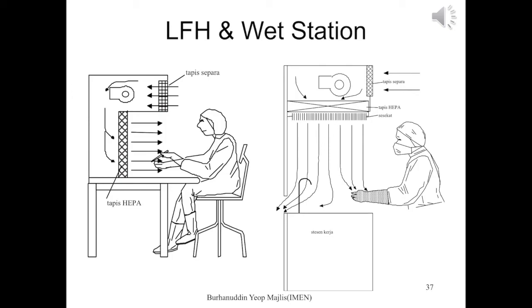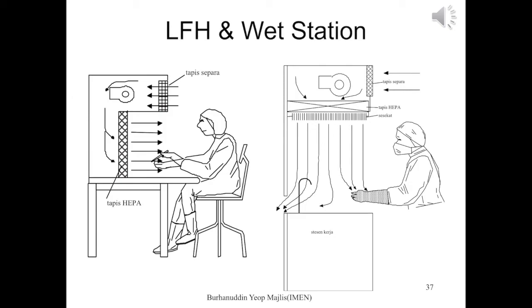For the laminar flow hood, the air from the clean room will go through the HEPA filter, and then you can do your work here, like cutting a sample or a wafer. The air will pass laminarly, facing your face. It's clean to clean the sample wafer already.